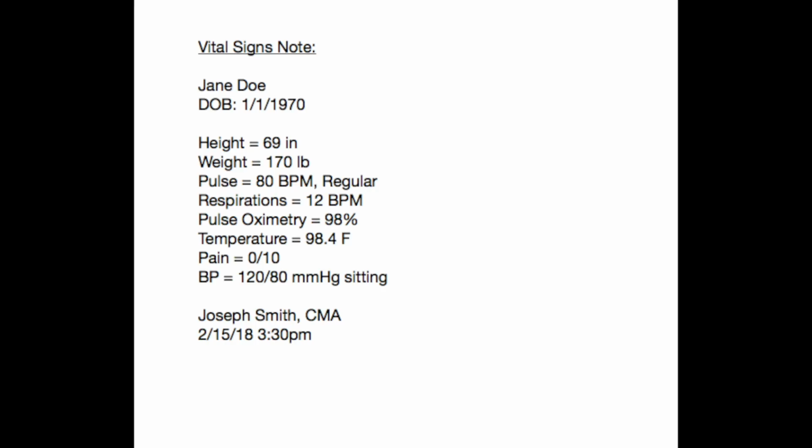For example, Miss Jane Doe, date of birth February 14, 2000, height 59 inches, weight 170 pounds, pulse 80 beats per minute, regular, respirations 12 breaths per minute, pulse oximetry 98%, temperature 98.4 degrees Fahrenheit, pain 0 out of 10, blood pressure 120 over 80 millimeters of mercury. Signed, Joseph Smith, CMA, February 15, 2018, 3:30 p.m.